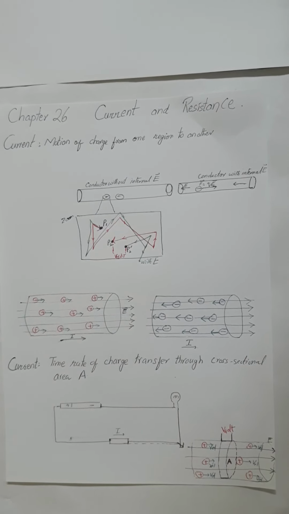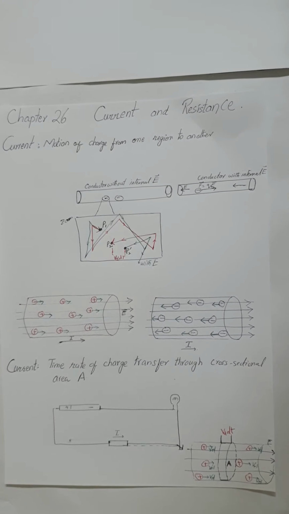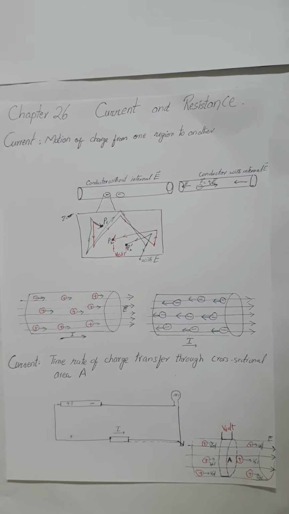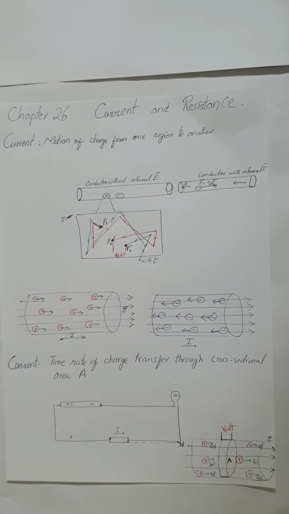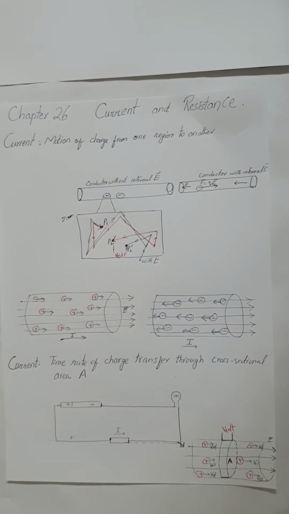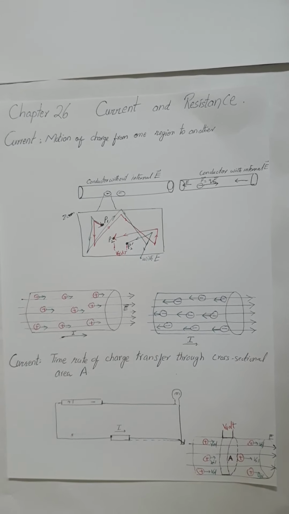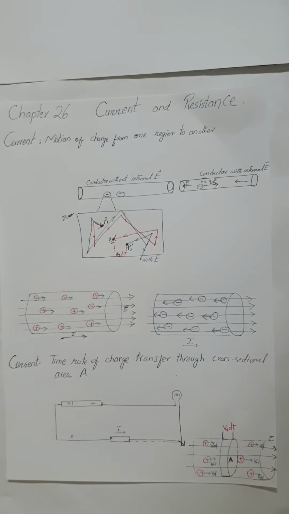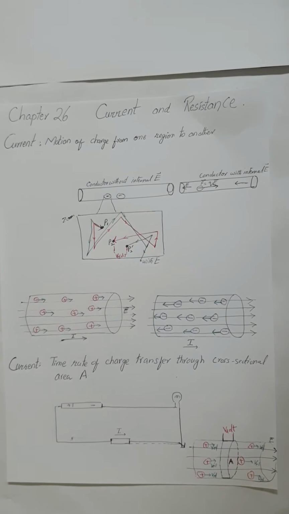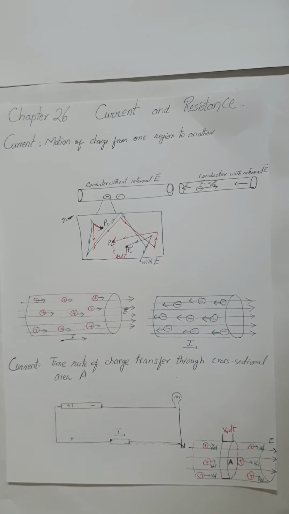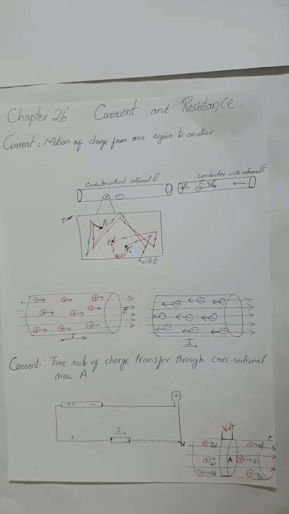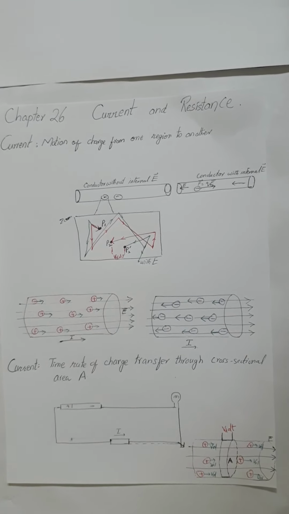In an ordinary metal, such as copper or aluminium, few electrons are free to move within the conducting material. These free electrons move randomly in all directions like the molecules of a gas with a speed of 10^6 meters per second.